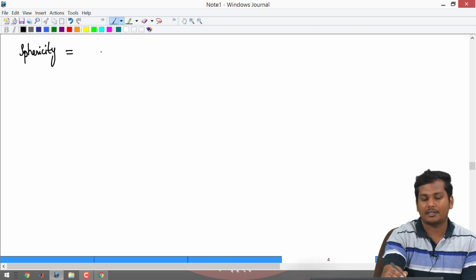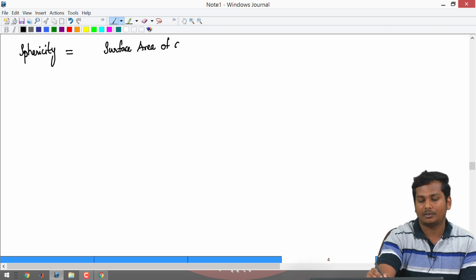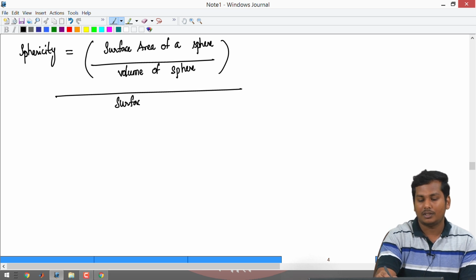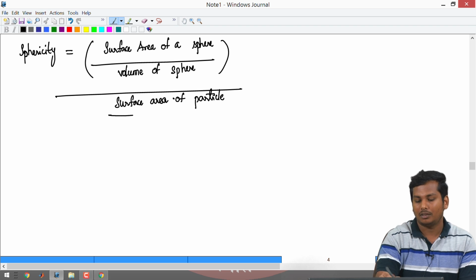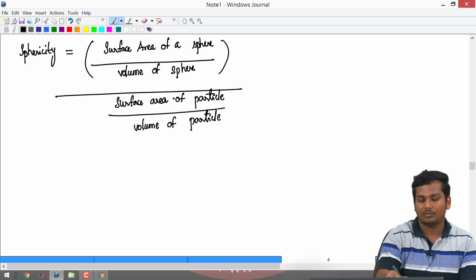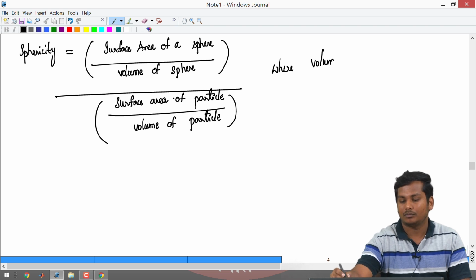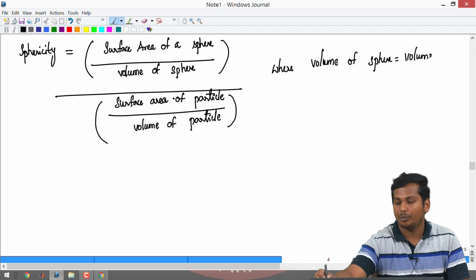So, sphericity is defined as surface area of a sphere to volume of sphere divided by surface area of particle by volume of particle, where volume of sphere equals volume of particle.